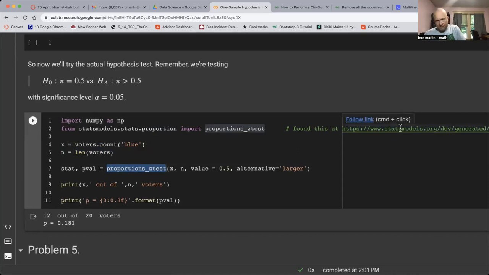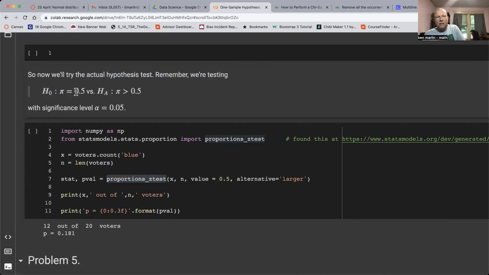I'm trying to put links here on the side to show you where I found these things, but you give it the value of your count, then the total number, and then this part that says value is going to be what's in the hypothesis test in the H naught, the 0.5 that we saw.